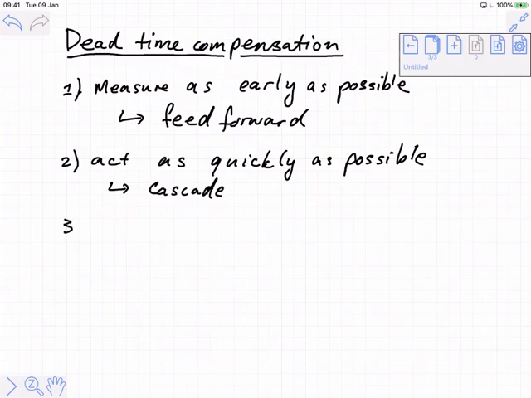And today we're going to talk about exploiting knowledge of the system.